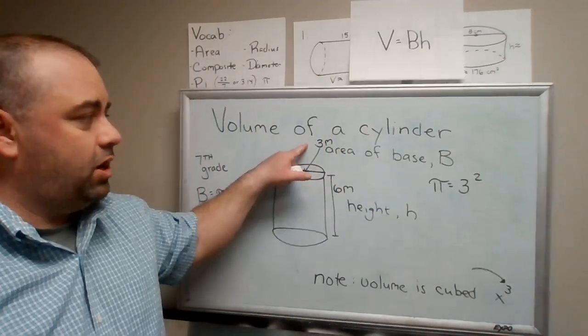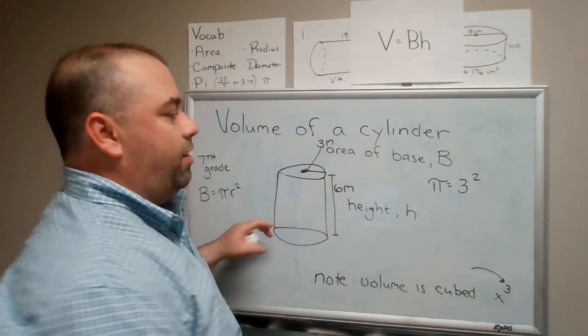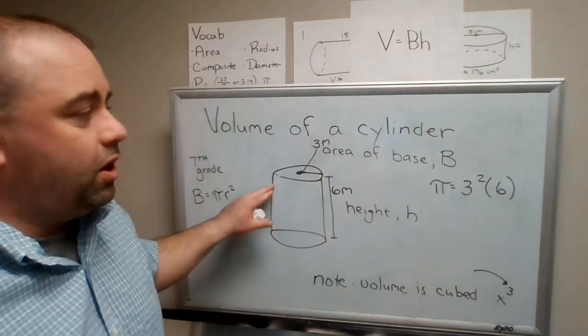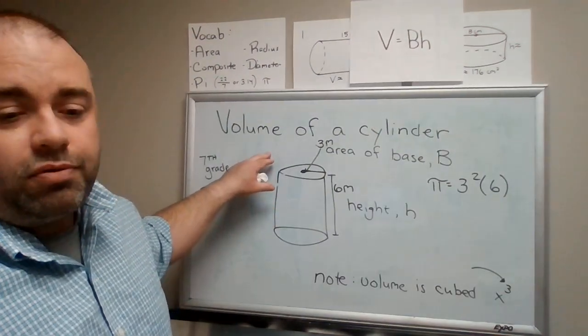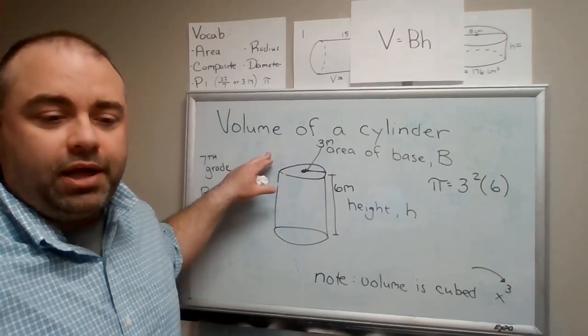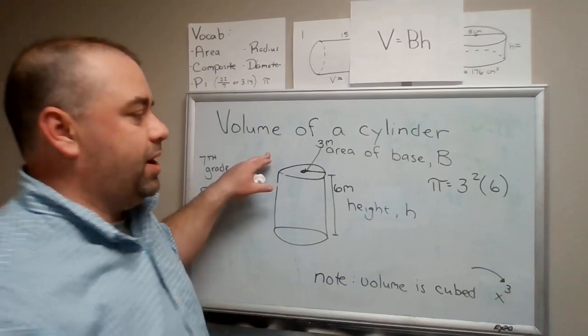Remember, that's our radius there, and we're going to square it. So we have 3 squared, and we're going to multiply all that by 6. So if we solve that, we're going to end up going 3 times 3 times 6. If you use your calculator, that should give us 54 pi.